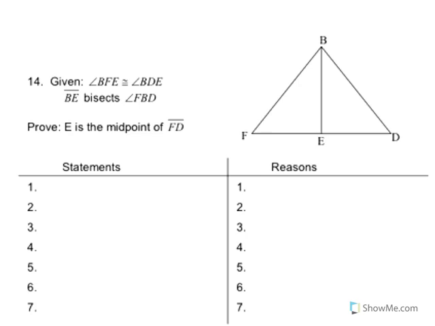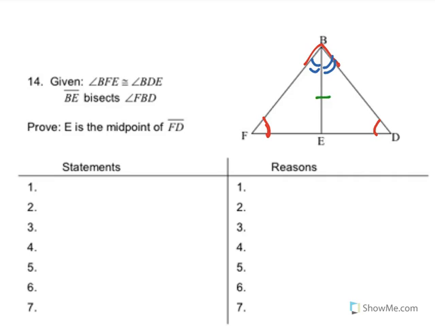Okay, we're given that BFE is congruent with BDE, so there's that angle right here, and that BE bisects this angle, FBD. Well, if it bisects that angle, then we know that these two angles are going to be congruent. We can prove that. And then we can prove that this side is congruent with itself. Let's use green.